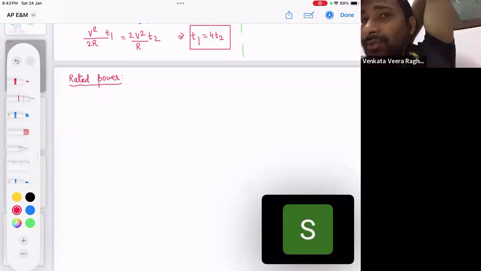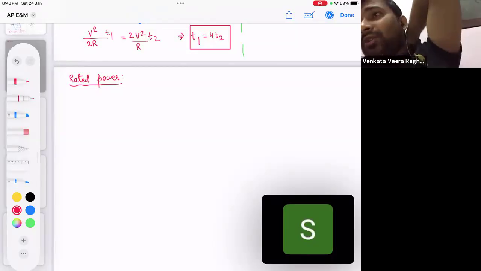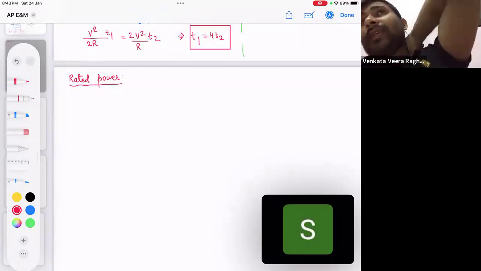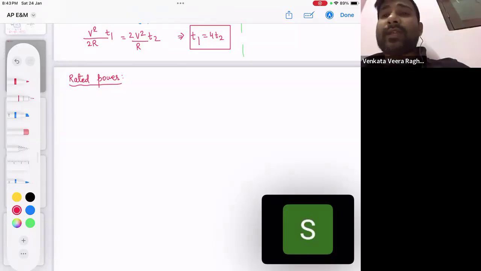Tell me, whenever you go to the market to buy any kind of equipment, not only a bulb, anything, right? You buy a mixie, you will see 750 watt written. You buy an iron press, it will be written 800 watt, 1000 watt, like that. You buy an electrical heater.